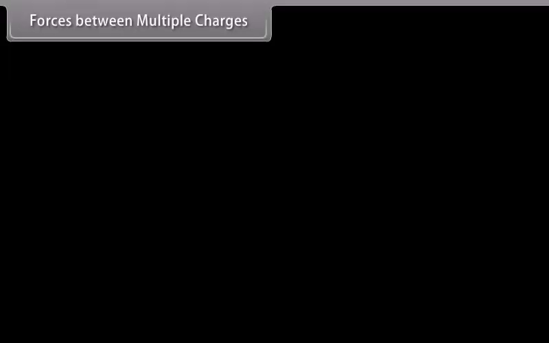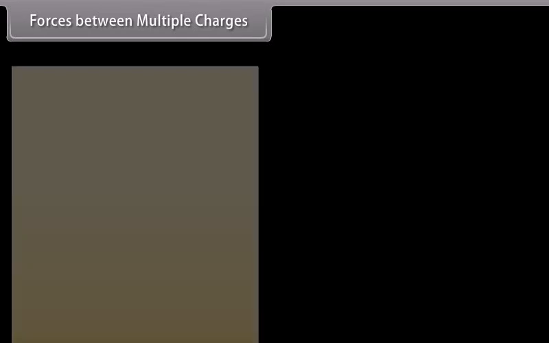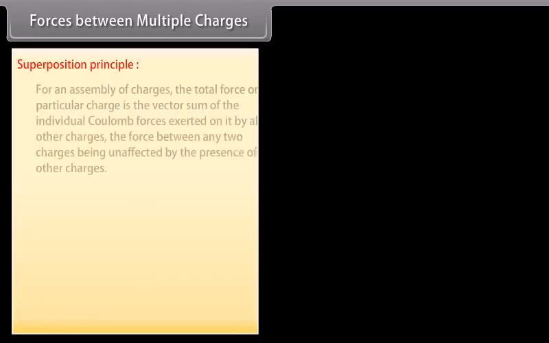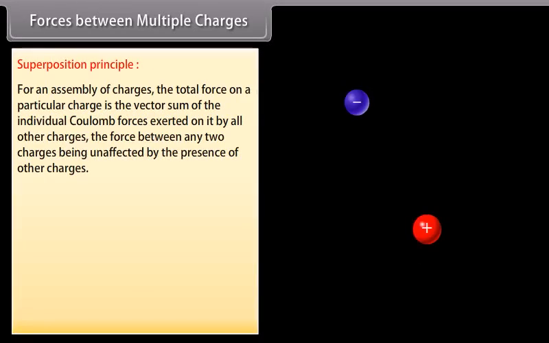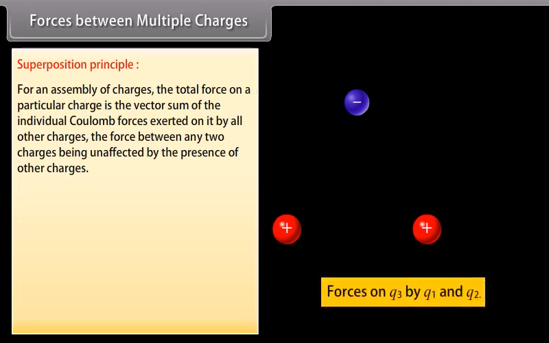All the best. Forces between multiple charges. Superposition principle. For an assembly of charges, the total force on a particular charge is the vector sum of the individual Coulomb forces exerted on it by all other charges, the force between any two charges being unaffected by the presence of other charges.